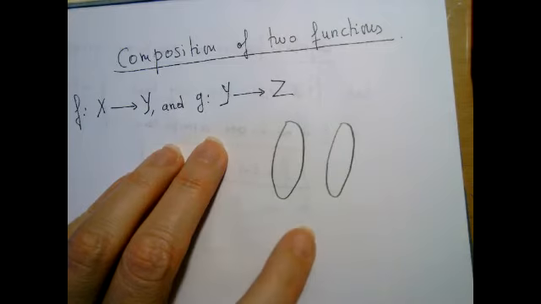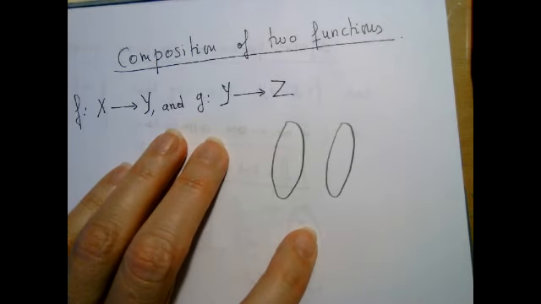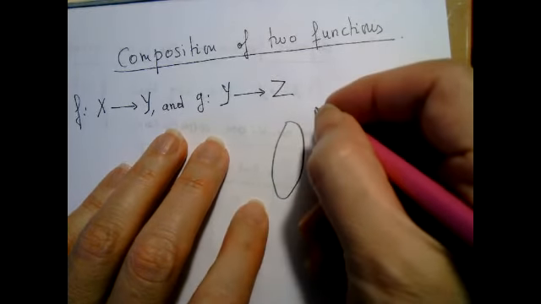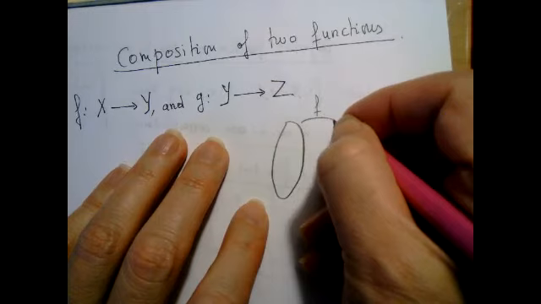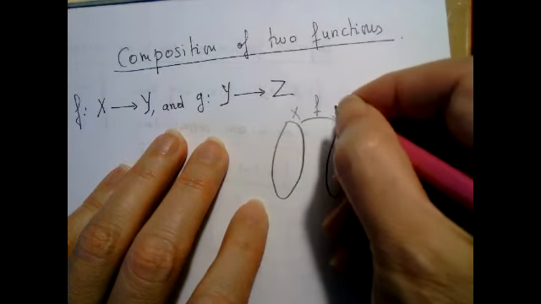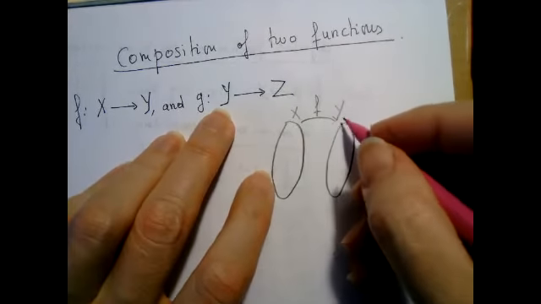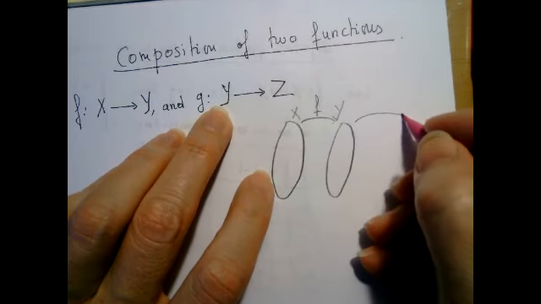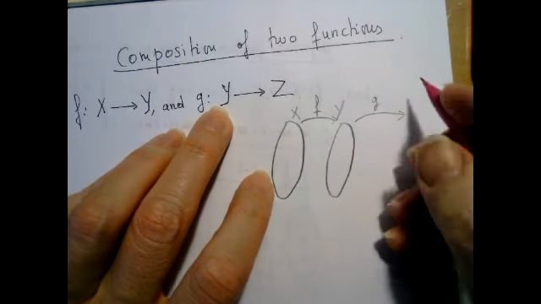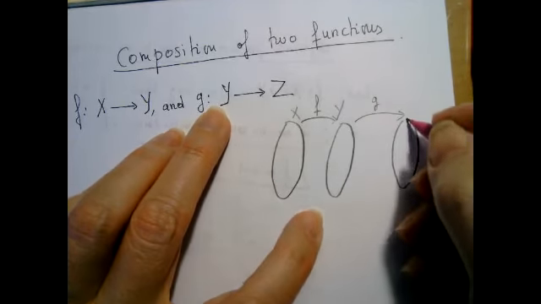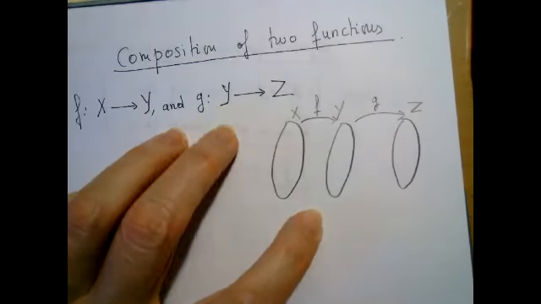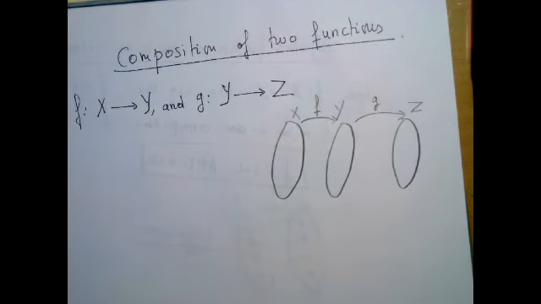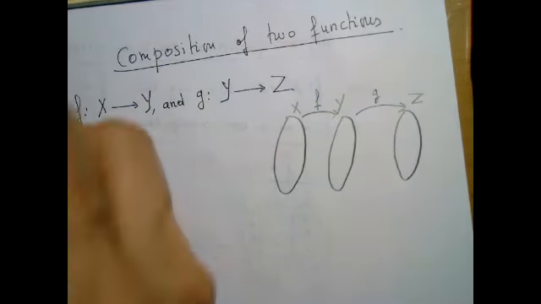Usually I like to draw those because it helps us a little bit. So I have f, it goes from x to y, and g has its domain y, so I can draw it from here to here, that's my g, and it goes all the way to z. Okay, that's the picture.